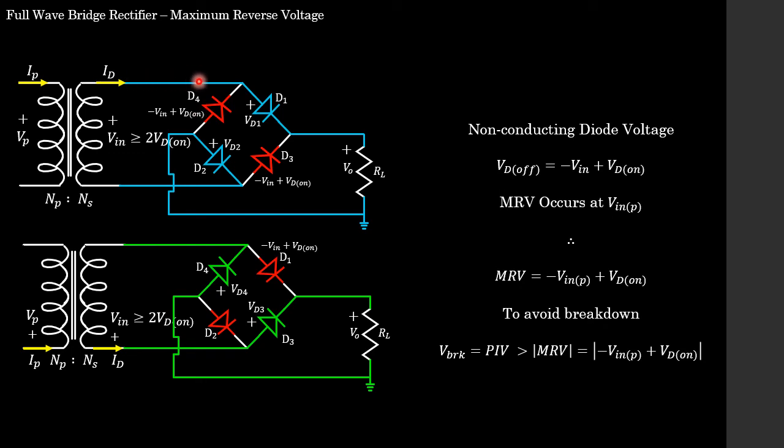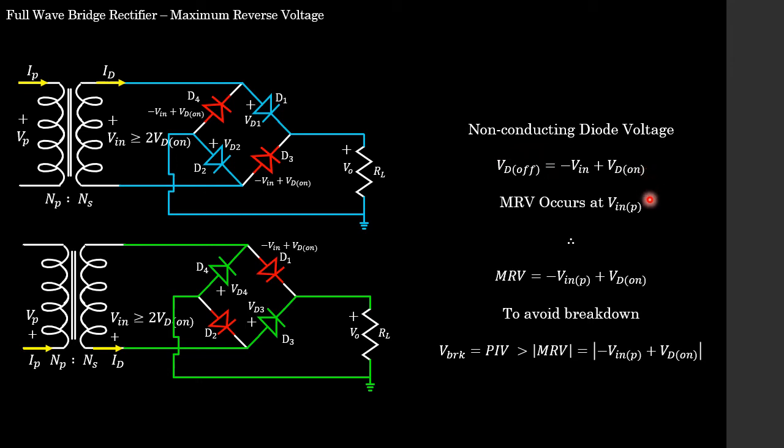At this node we have V in, and at the P side we have VD on. We do our simple V P side minus V N side, and we get the expression for our diode being off, which is minus V in plus VD on. Yes, we did this when we were validating which diodes are off, and we saw that all the diodes that are off had this expression.